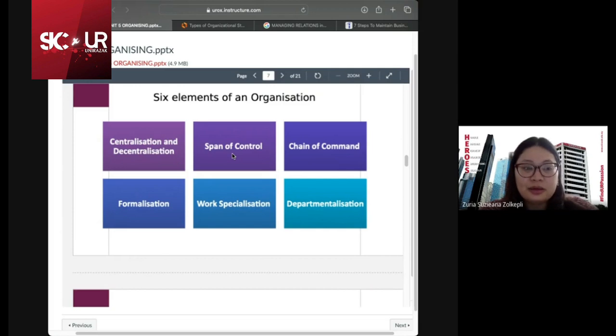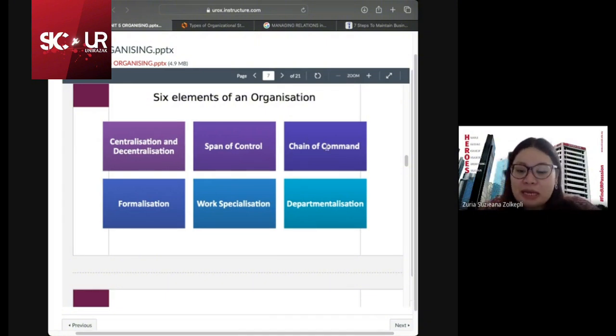I mean, a lot of subordinates are reporting to one manager, and then a prompt response. Okay, less bureaucracy, less hierarchy. So meaning that faster flow of information, and then less cost.